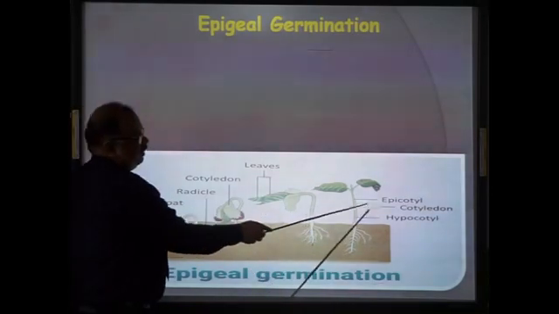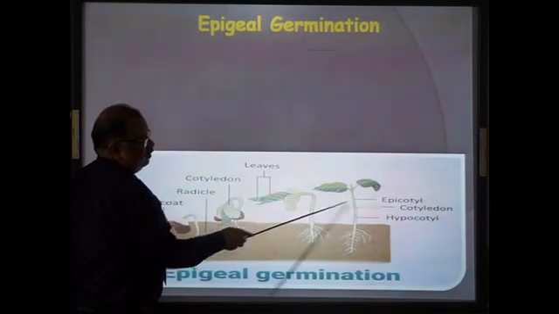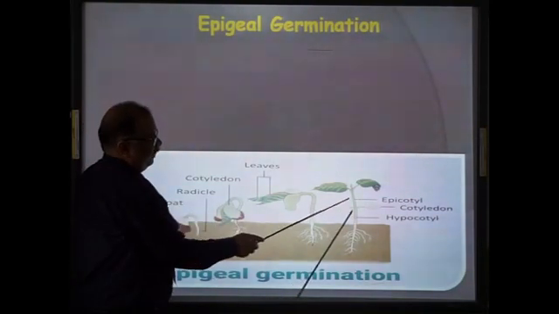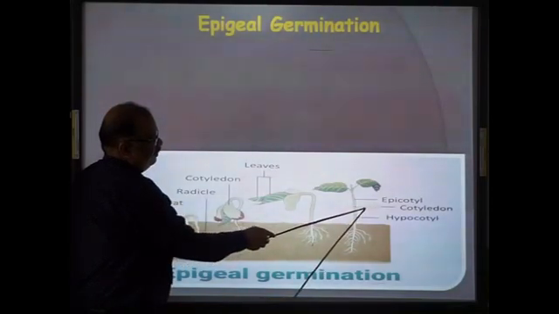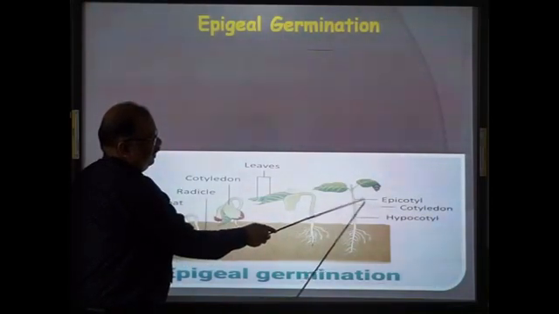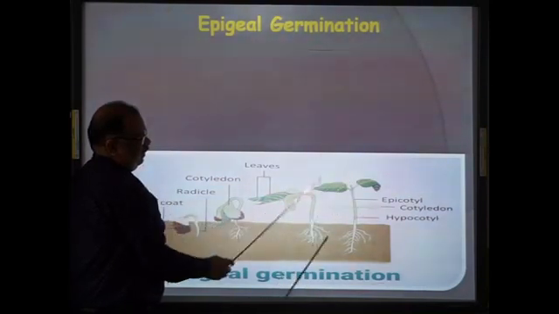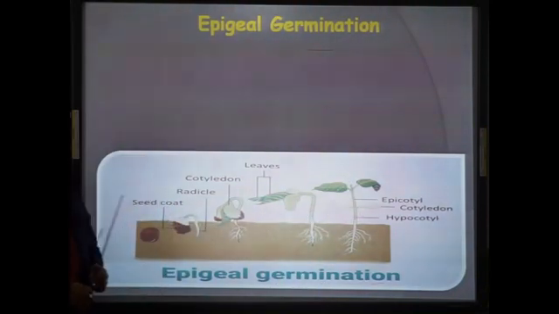This is cotyledon. You can see two cotyledons are there. That means it happens in dicotyledonous seeds. So these are the first leaves, and later on it falls, and here you have got the second leaves. So this is called epigeal germination.